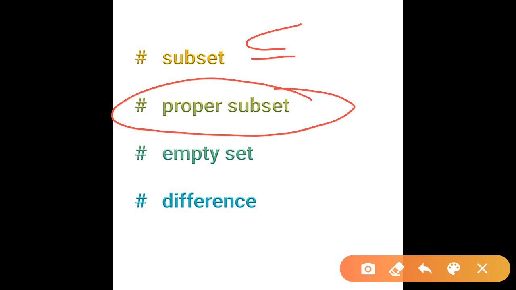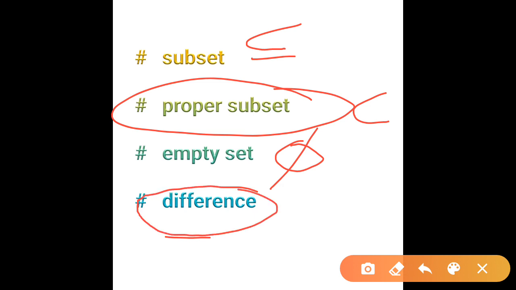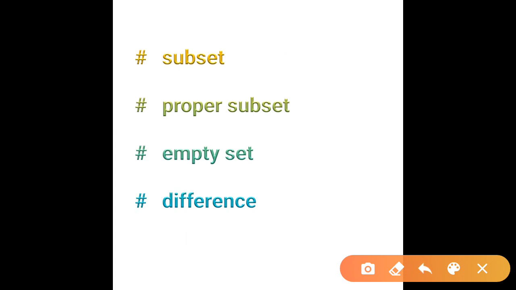And next one, the empty set or void set or null set, that is phi. And the next one, most important, difference. Actually this is a basic operation. So the basic operations are union, intersection and difference, and also one more thing, symmetric difference.